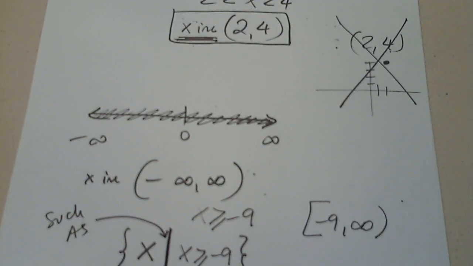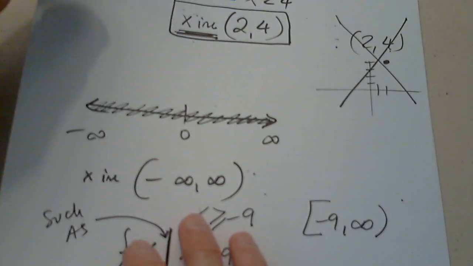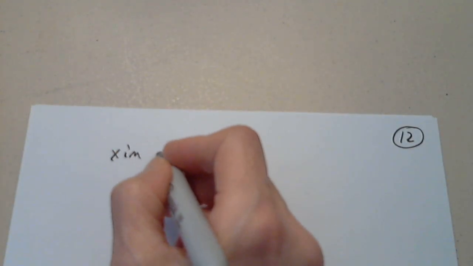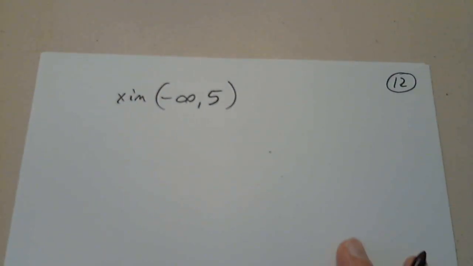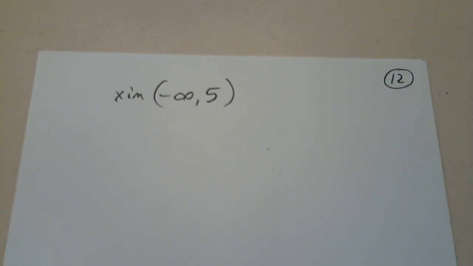Express the given interval as an inequality. So we're going backwards. Now they are giving us the interval, and they want us to come up with the inequality. So if I have the interval that x is in negative infinity to 5, what inequality fits here?